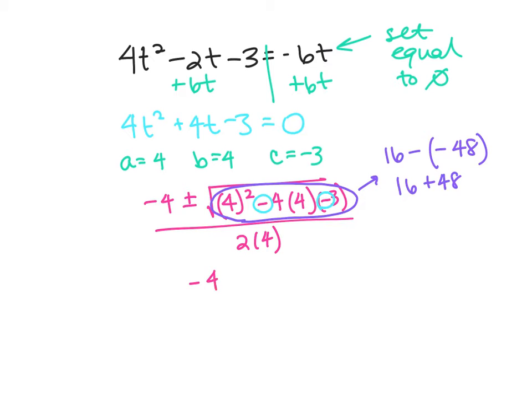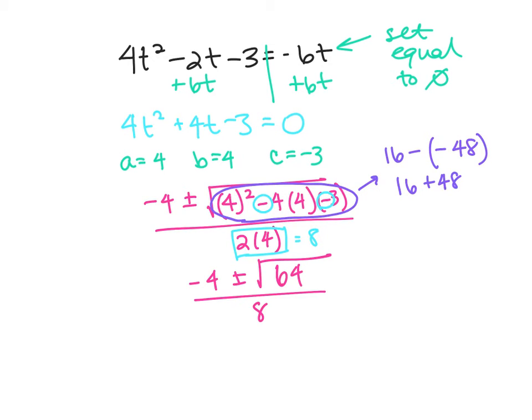So we have negative 4 plus or minus the square root of 16 plus 48, which is 64, all over, and then 2 times 4 is 8, so all over 8.